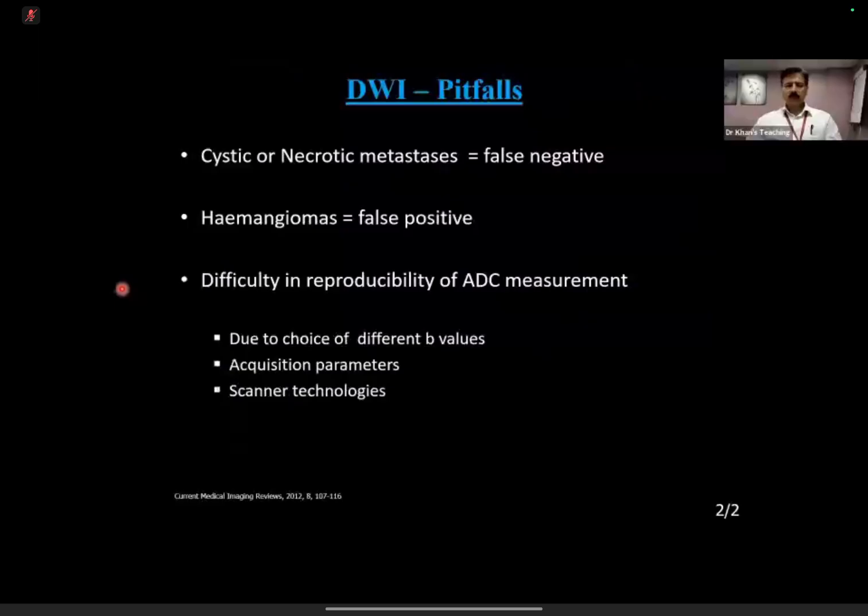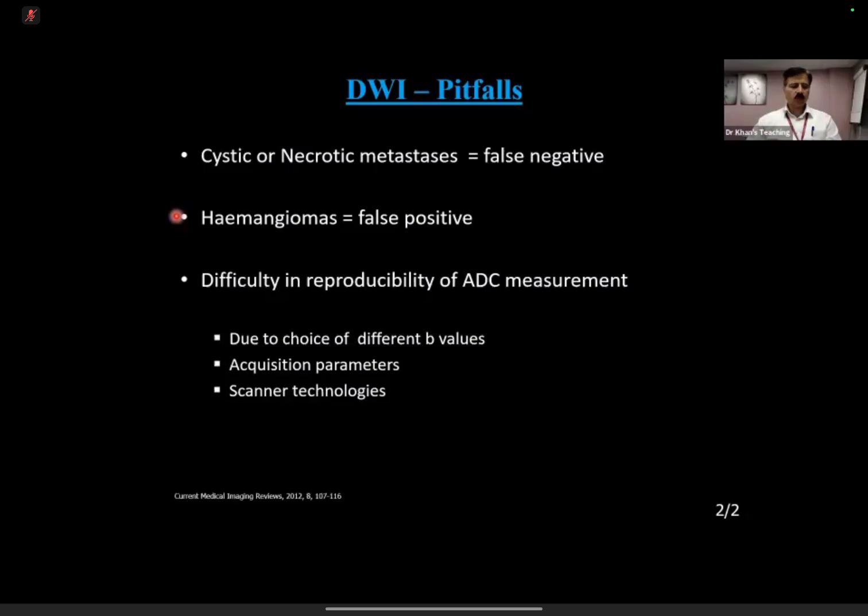There are some pitfalls. The pitfalls are that cystic or necrotic metastasis might be false negative, and then hemangiomas. Now, this is a point to remember. Hemangiomas are false positive. So do not think that anything which is restricted diffusion is malignant.